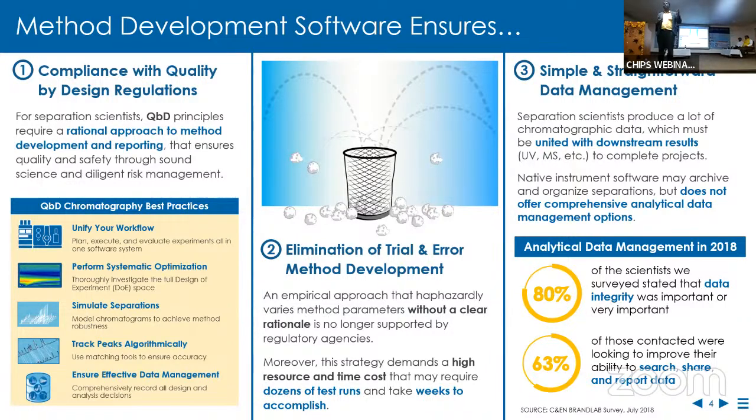So if you get software that simplifies your work in many aspects, it ensures compliance with the regulatory body, minimizes or eliminates trial and error development, and whatever process you follow, you manage the process, manage the project, and database every aspect in a very systematic way. This is why the concept of QbD has also entered into HPLC development.